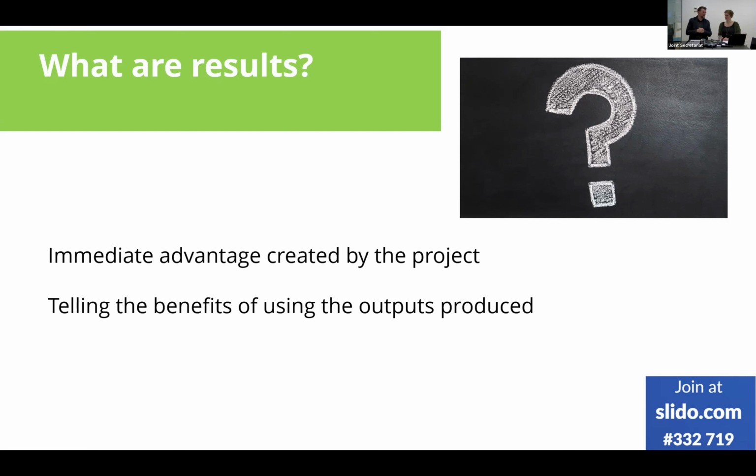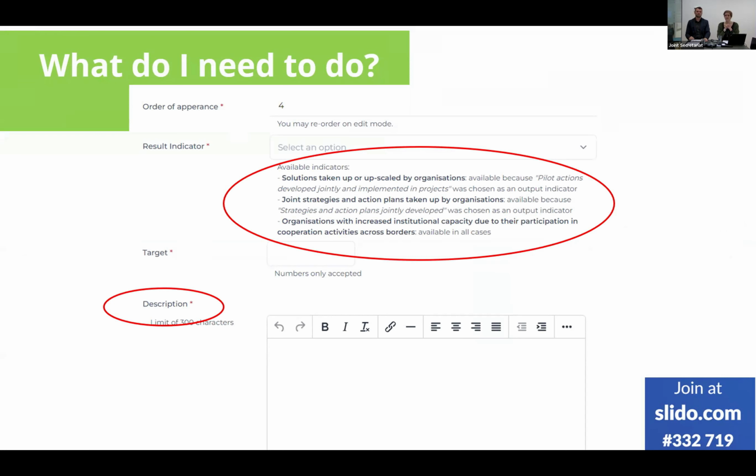So at the first section where it says result indicator, you have to choose a predefined result indicator. Peter has already mentioned there are 3 of them. And then what is really important for you here, the big red circle again, that's a help text that you get when you're working in the online monitoring system. And that is pointing out which result indicators you can choose.